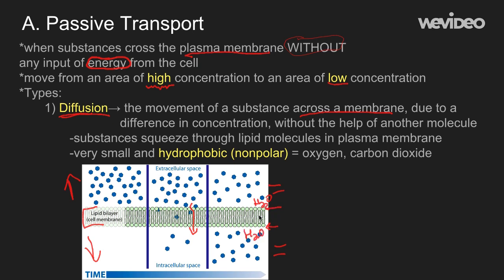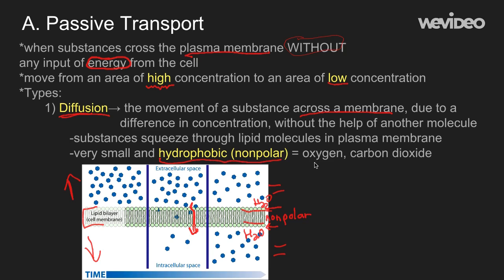And in the center here, it's non-polar tails, the carbon to carbon bonds of the fatty acid tails of that phospholipid. So it's non-polar in the middle part. So the only things that can really go between the phospholipids are hydrophobic or non-polar molecules.